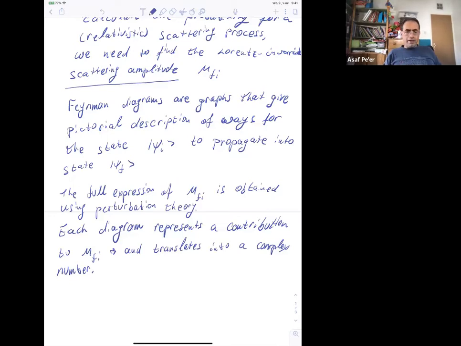Okay, now again, unfortunately, in this course, I'm not going to give you the full calculation of how to calculate it using Feynman diagrams, but even without it, I will explain to you how to use the Feynman diagrams, and that's going to be of great use in analyzing possible interactions that can occur.